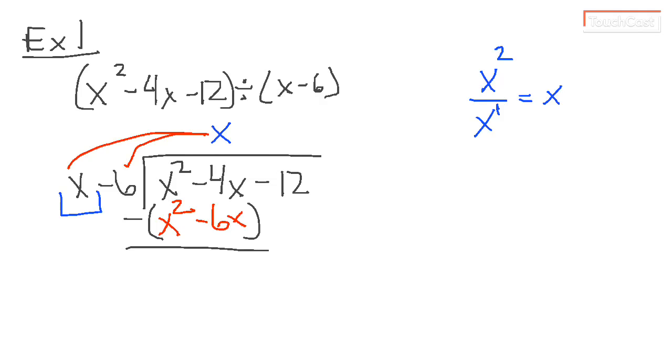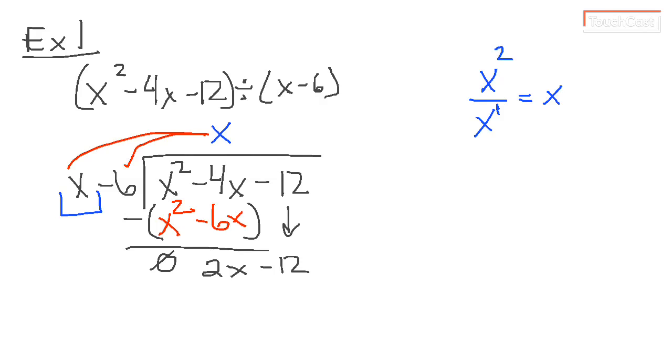We're going to go x squared minus x squared, which zeroes itself out. We're going to go negative 4x minus negative 6x, which means we're going to add 6x to negative 4x. We're going to get 2x, and then we bring the next term down, minus 12.